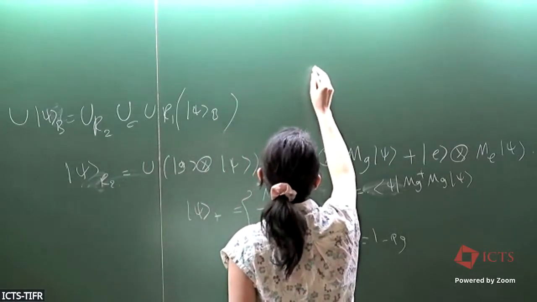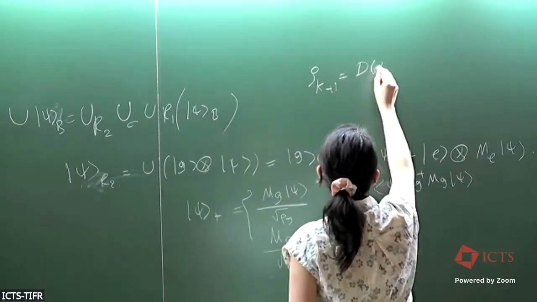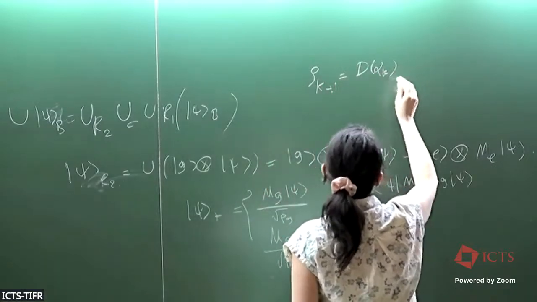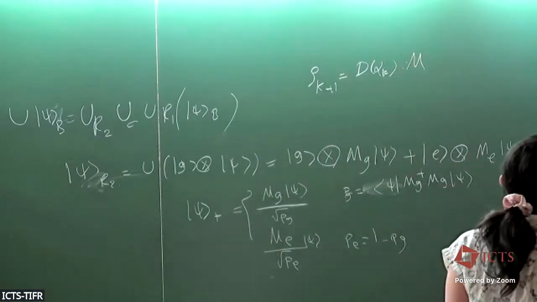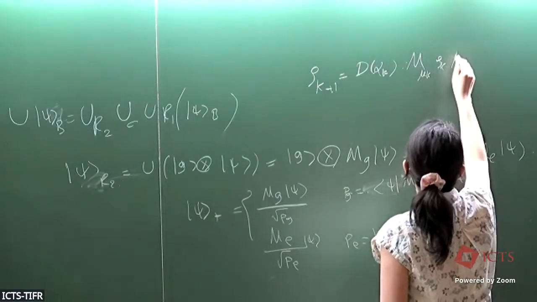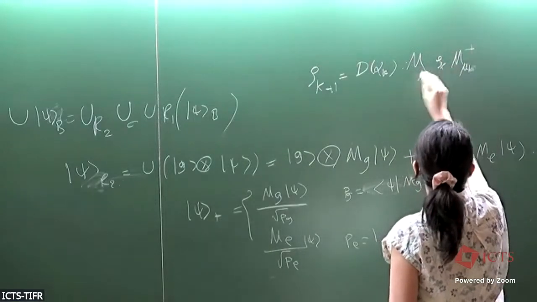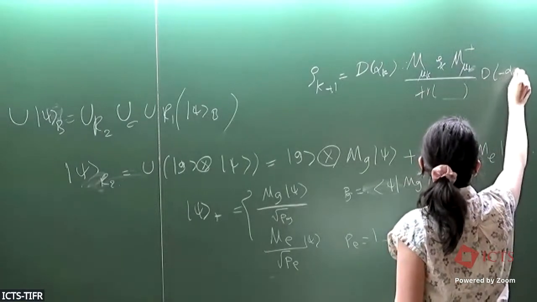If you write your dynamics for rho, you have rho k plus 1, which is D alpha k, Mk rho Mk dagger over the trace, and here you have D minus alpha k.